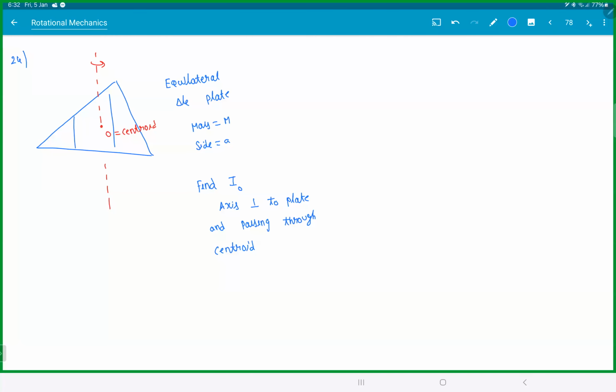How do you approach this? You can't integrate this. Try. I'll give 2 more minutes.